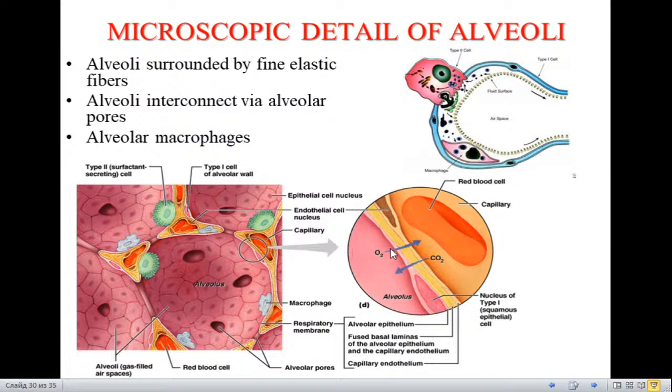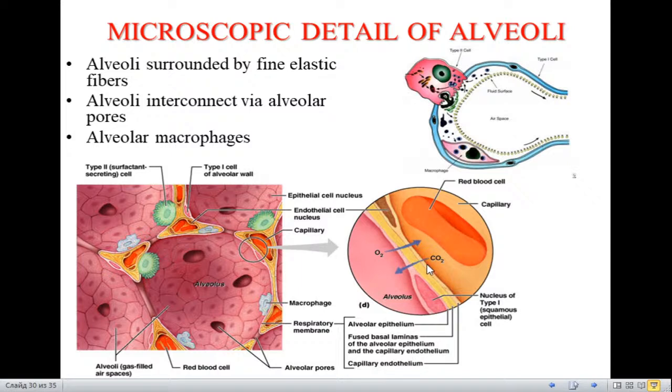In this picture you can see the structure of the air-blood barrier, which is the place where the exchange of oxygen and carbon dioxide in the lungs happens. From the side of the alveolus, it is formed by alveolar cells of the first type.